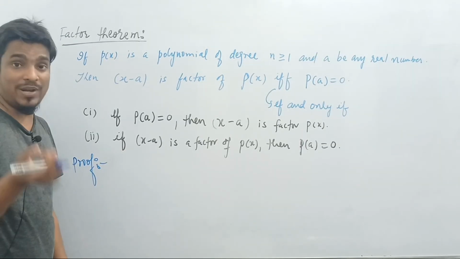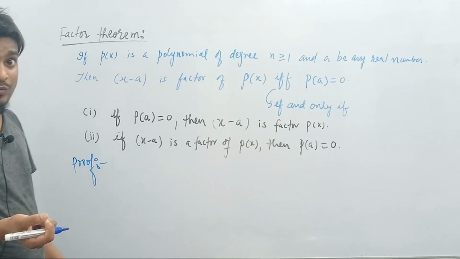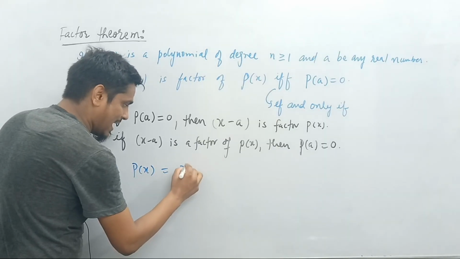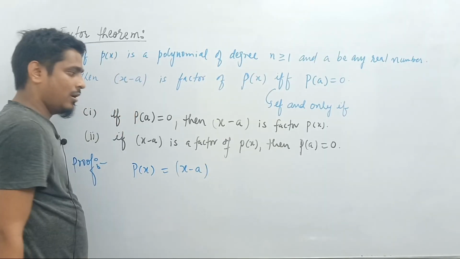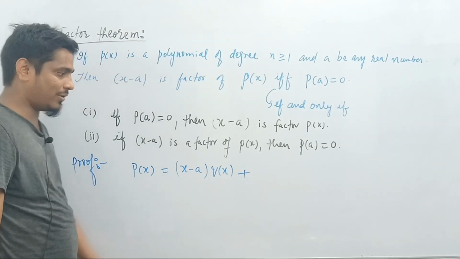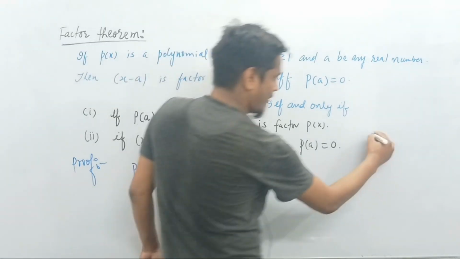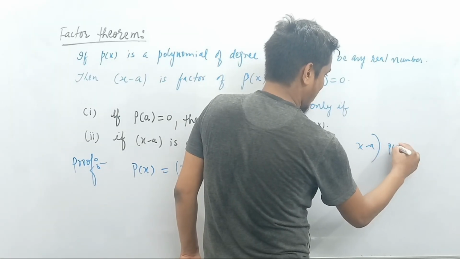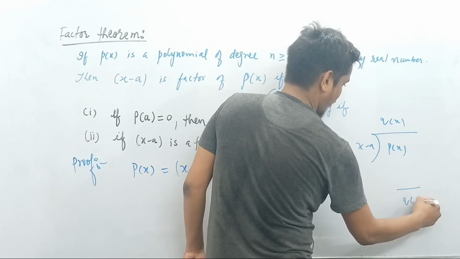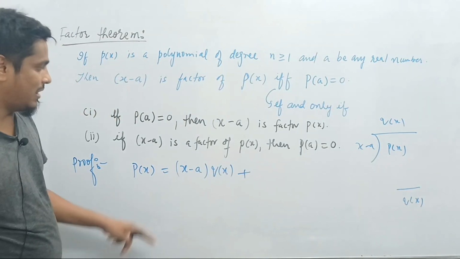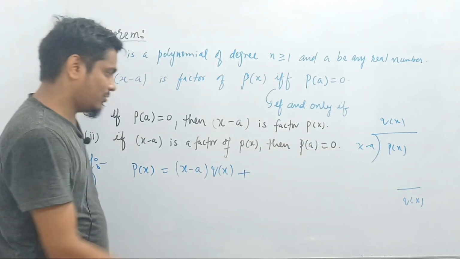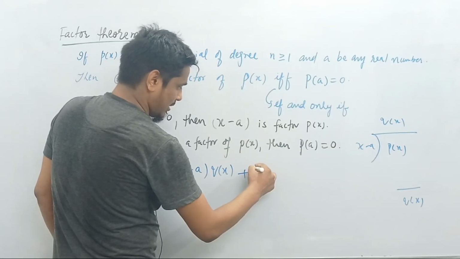So by using the Euclid division lemma for polynomials, when we divide p(x) by x minus a, we'll get a unique quotient as well as a remainder. As we are dividing by a linear factor, the remainder will be a constant.